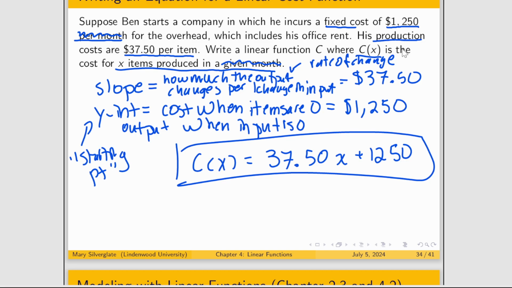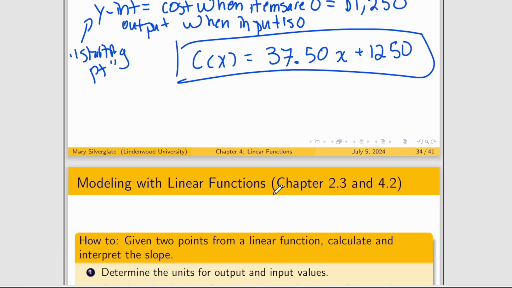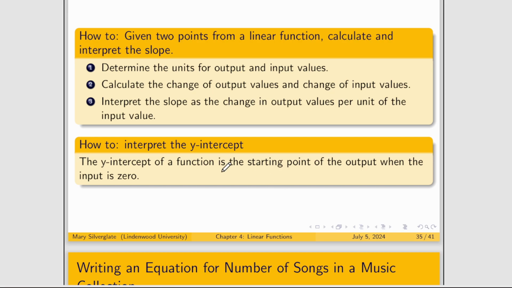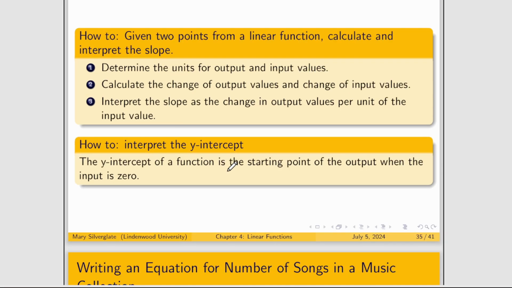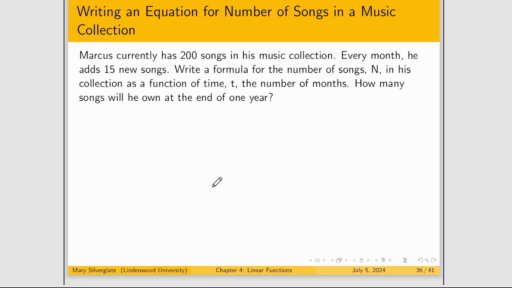How much does the output change as the input changes? And that's your final answer there. That's exactly what these steps are saying. So you want to identify what's an output, what's an input, and what's the change in output per change in input. That would be your slope. And then your y-intercept is always your starting point of the output when the input is 0.